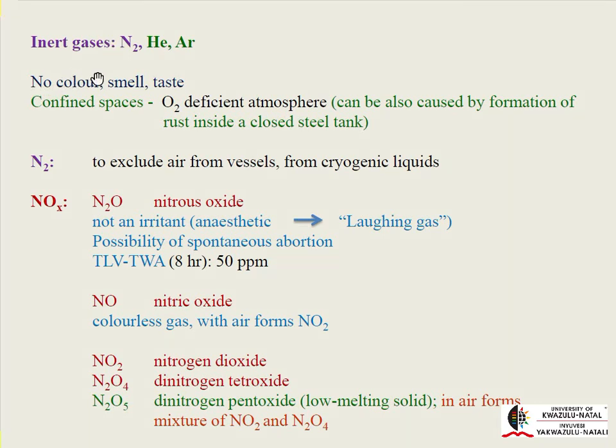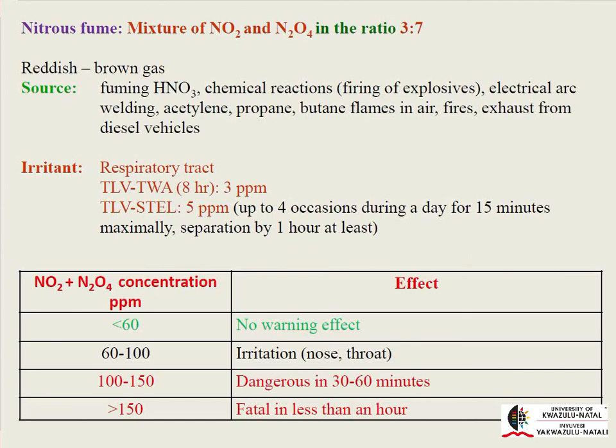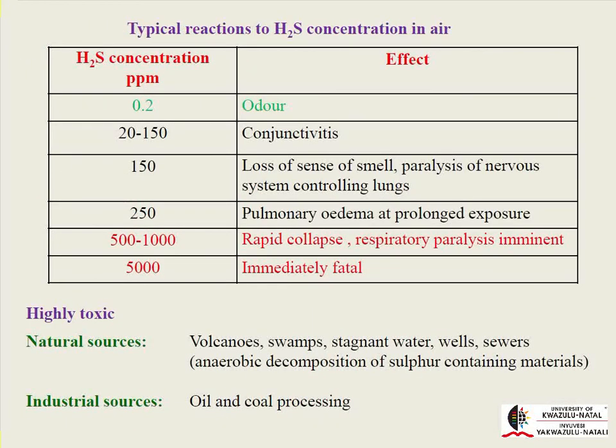Okay, and then various other chemicals as well and their effects. So, reactions to H2S concentrations, which is quite prevalent in the fertilizer industry, a very large industry. Then H2S and SO2 and their effects on the environment.